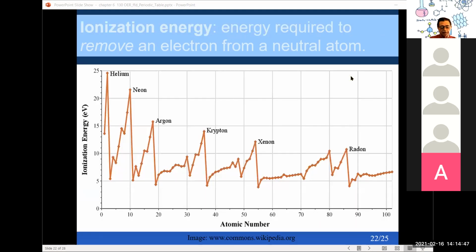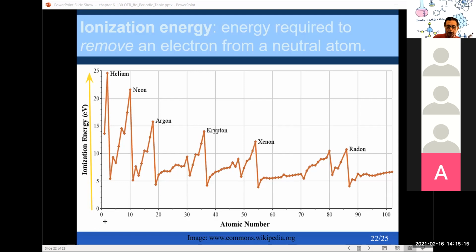So the result is this. You get a graph that looks like this. Okay, let's quickly analyze this graph. We have on this axis units of energy. Not to be concerned about the units of electron volts, but just energy units.